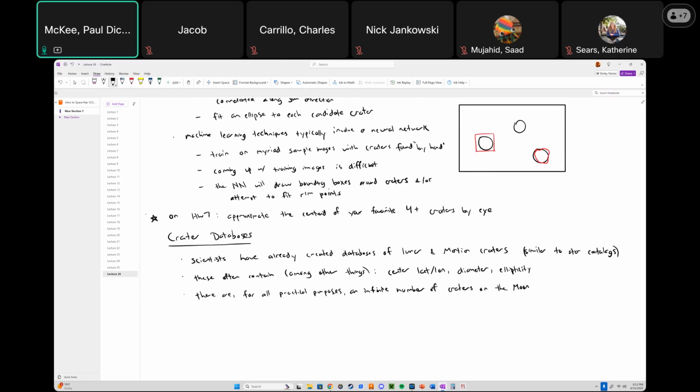But we can create mostly complete global databases of large craters. The same way that we have mostly complete databases of the bright stars, we can have mostly complete databases of the large craters.